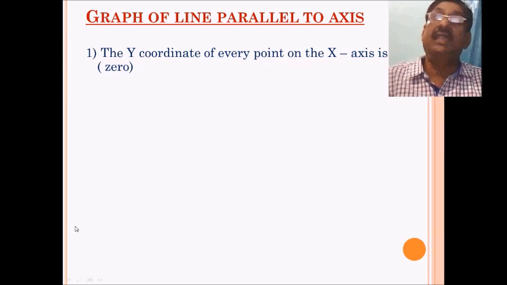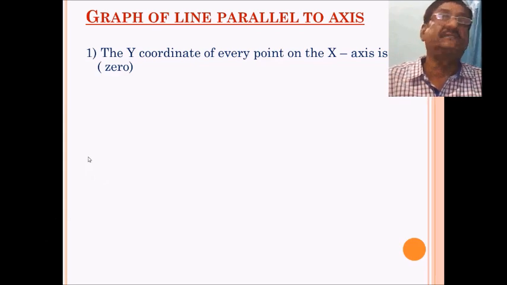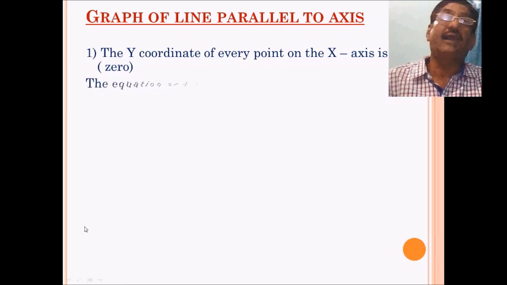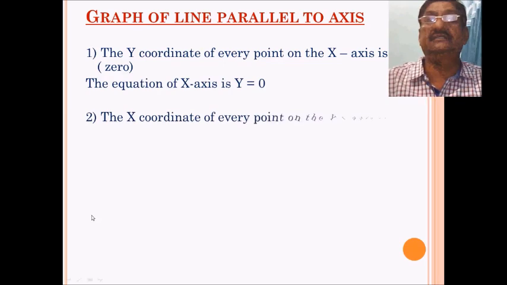In the same manner, the line parallel to the x-axis has its equation given by y equal to b, where b is the y-intercept made by the line on the y-axis. Similarly, the line which is parallel to the y-axis has its equation given by x equal to a, where a is the intercept made by that line on the x-axis. In this way, we can draw the parallel lines to the x-axis and y-axis.